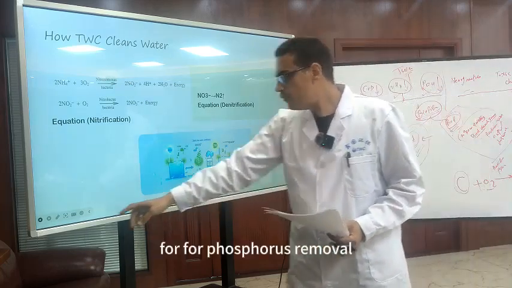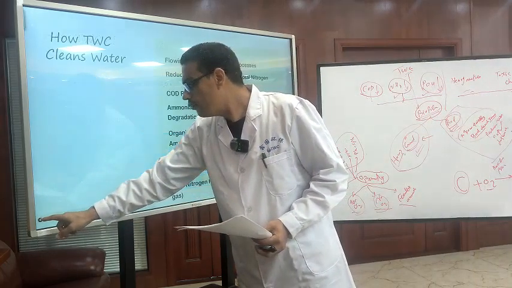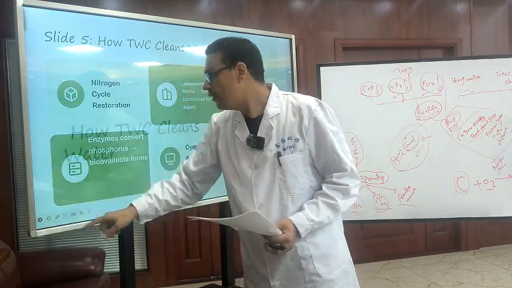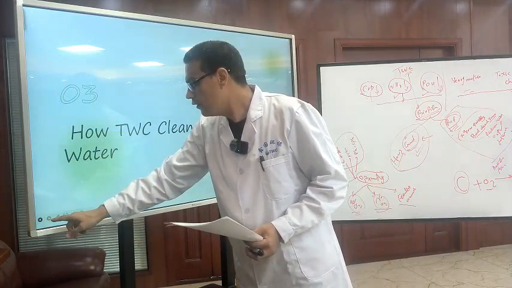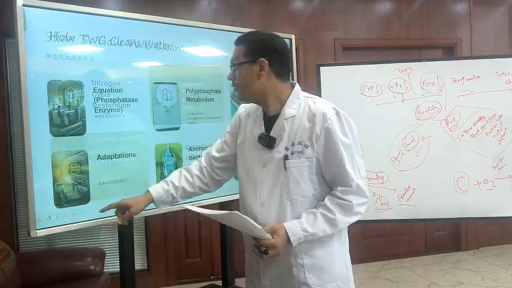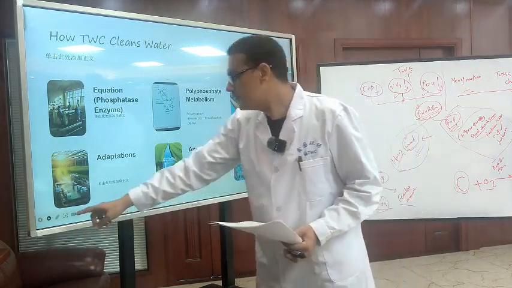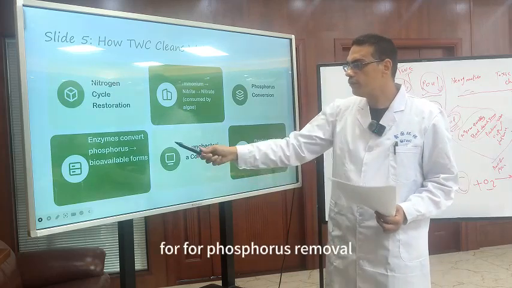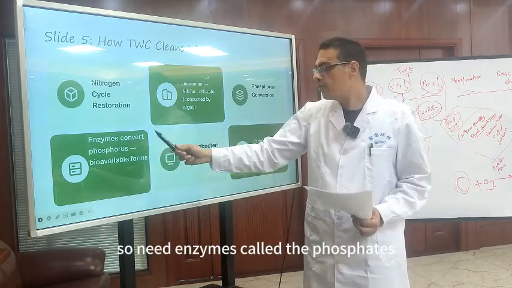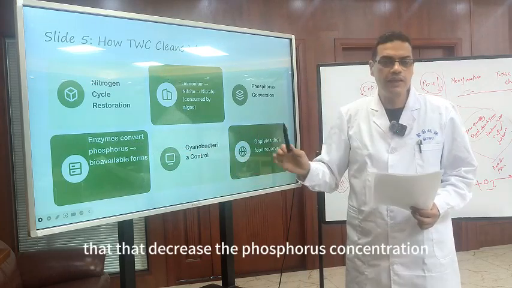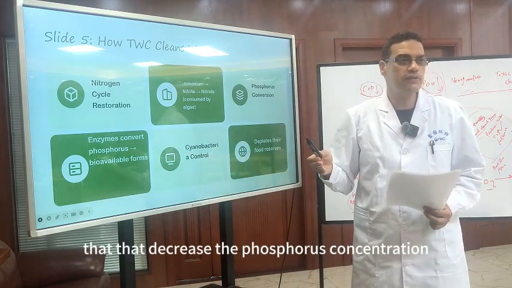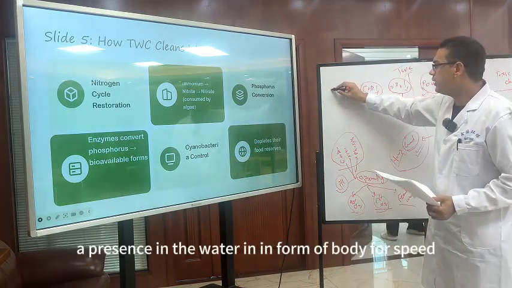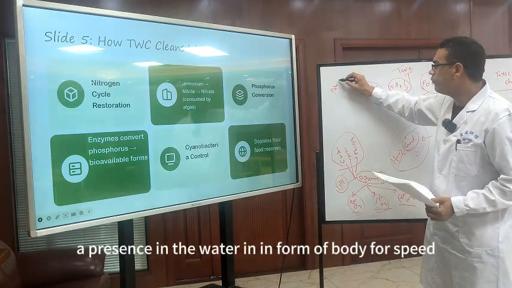For phosphorus removal, we need enzymes called phosphatase that decrease the phosphorus concentration. Phosphorus actually presents in the water in form of polyphosphate.